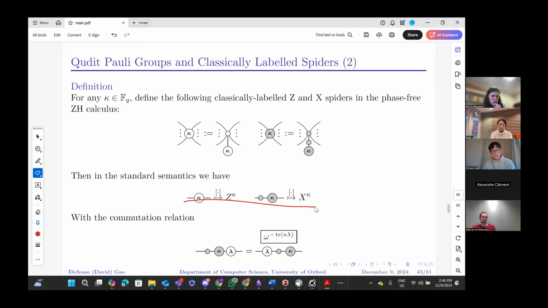So you have these semantic mappings here. And using strong complementarity, you immediately get the commutation relation between the Paulis here.